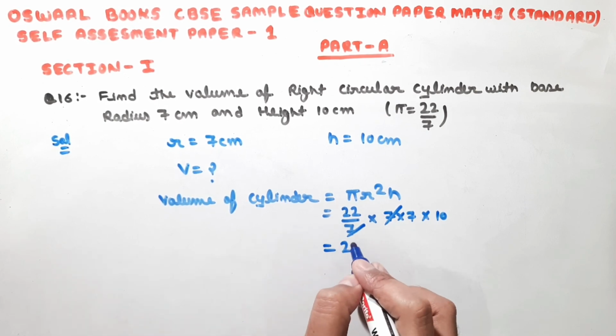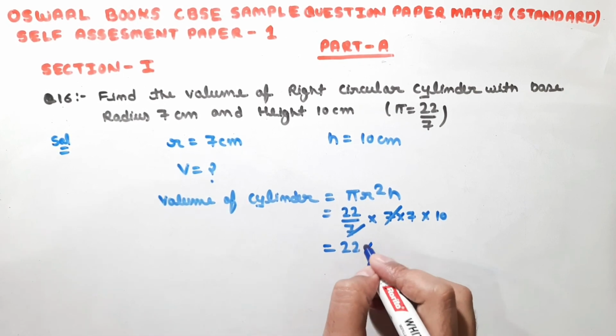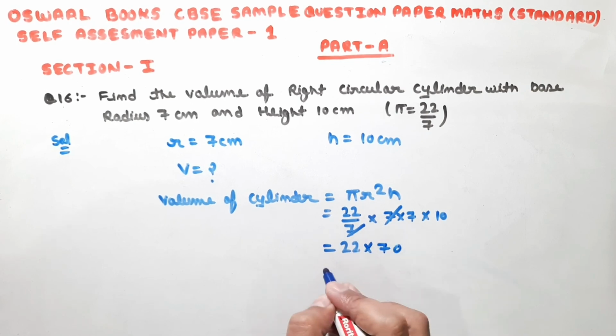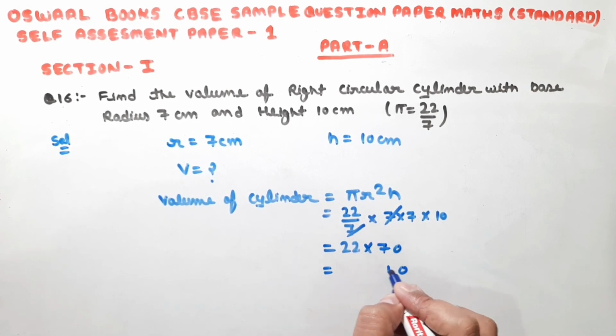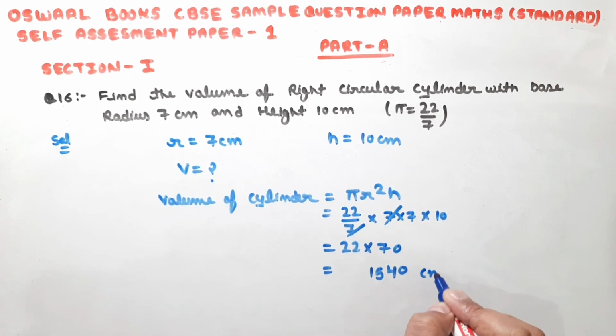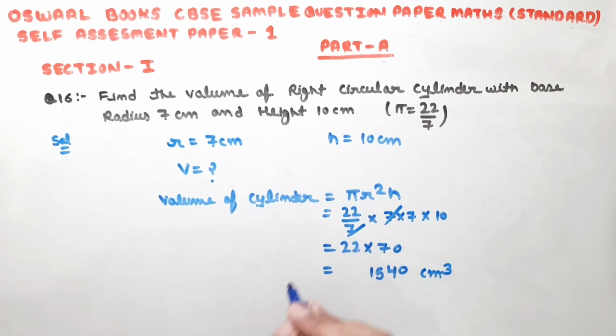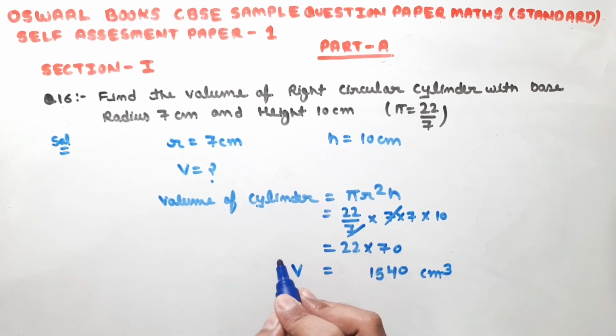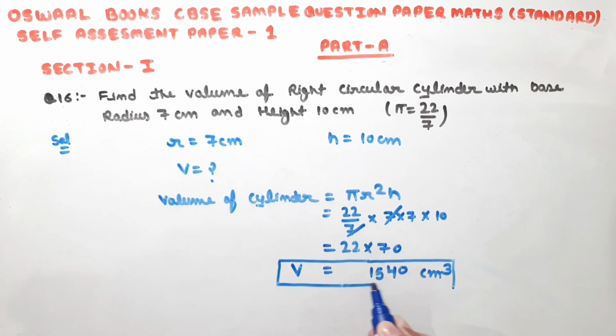So 22 into 70, this will be equal to 1540. So 1540 centimeter cube. This is the volume. So the volume of the right circular cylinder is 1540 centimeter cube.